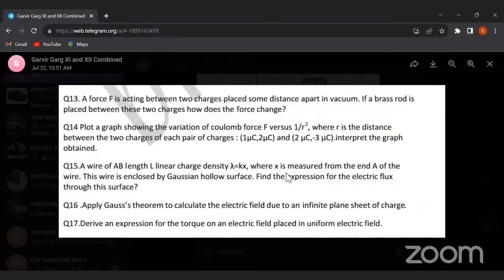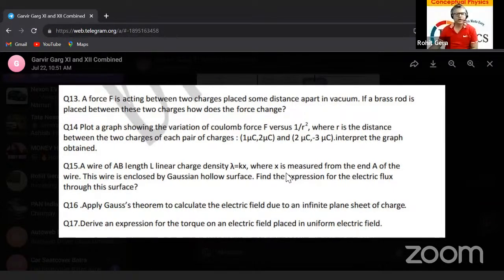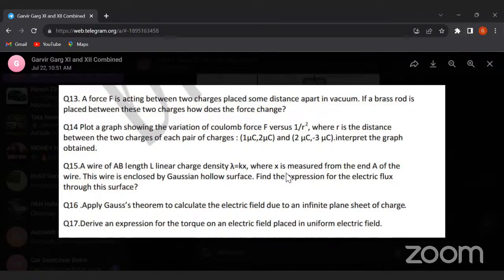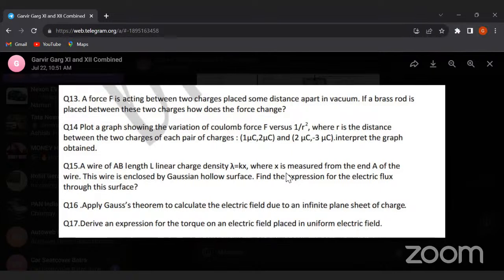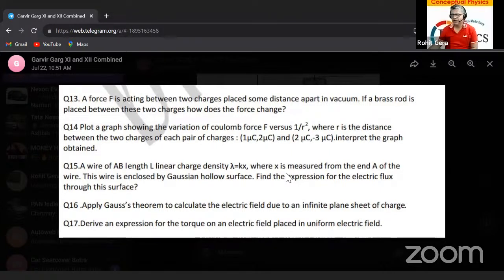So the insulating property of a metal is zero. Okay, zero है ना? There is no dielectric property it has. So what will happen if a metal has no dielectric in it, then what happens?